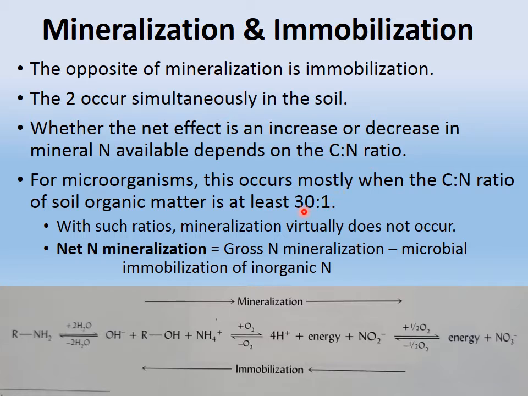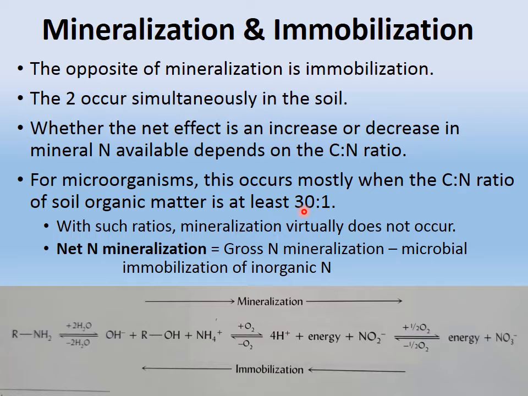So if the C:N ratio of the decomposing organic material is very high, for example 30:1 or 40:1 or 45:1, high C:N ratios, it means the organic material that is decomposing has a low amount of nitrogen relative to your carbon, and as a result of that you are going to get net immobilization of ammonium and nitrate ions taking place in your soil.